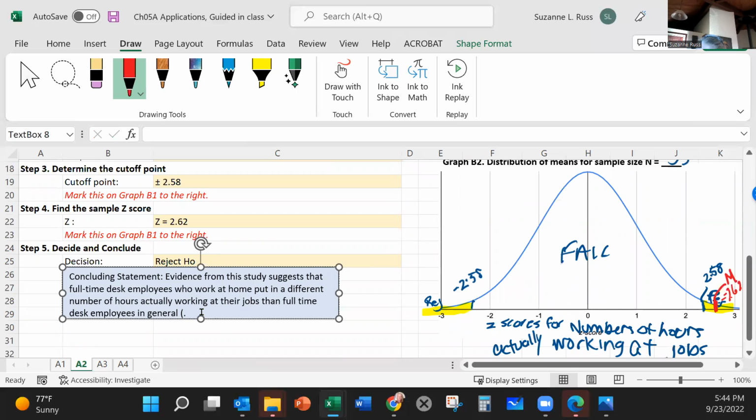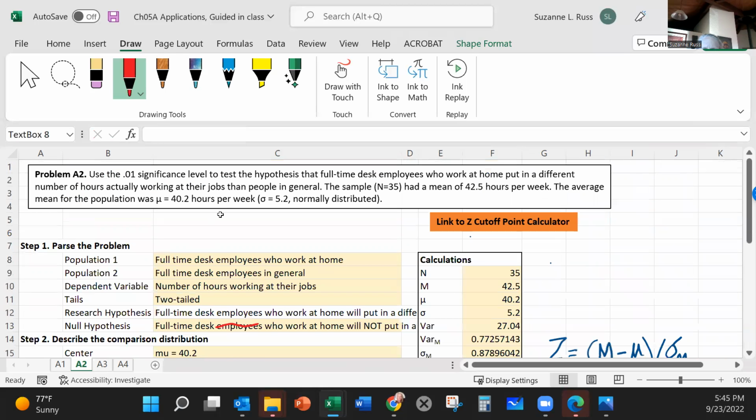We're going to put in Z, and then in parentheses, 35. And we put the Z score 2.62. Then it's significant, so we write out the probability with alpha. P for probability is less than 0.01. So a very strong finding, even though it doesn't look like much. We'll enter, scroll back to the top just to be helpful, and we're done with this problem.